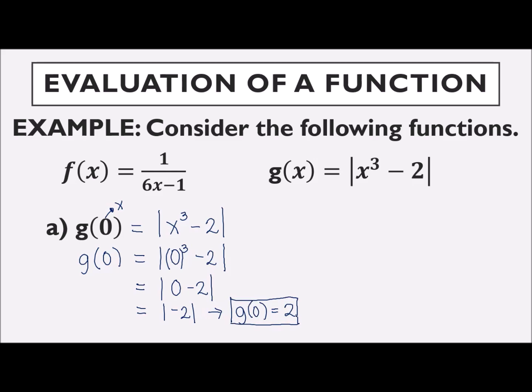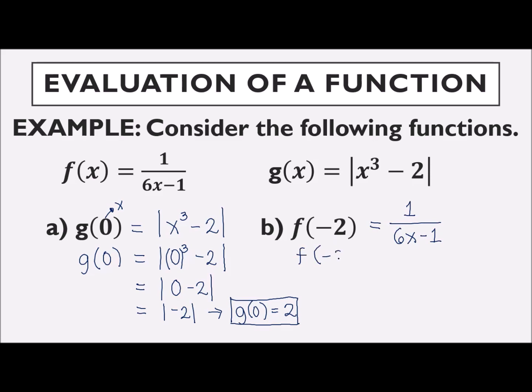Okay, let's have another one. F of -2. So, which means, ang gagamitin nating function ay si letter F. Kopyahin natin yung function. We will have 1 over 6x minus 1. Okay? So, replace x by -2.